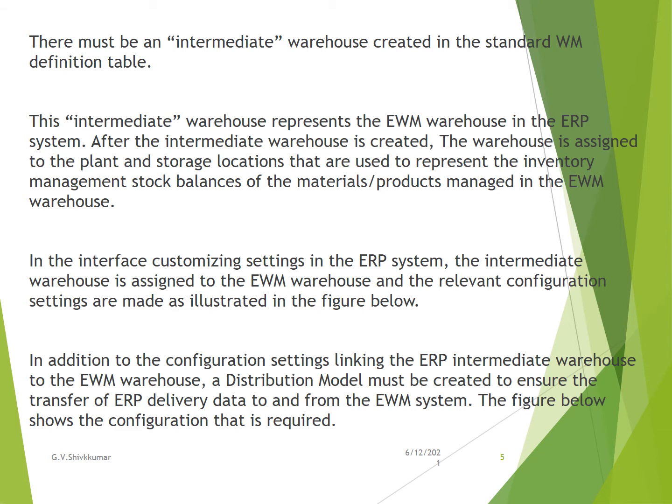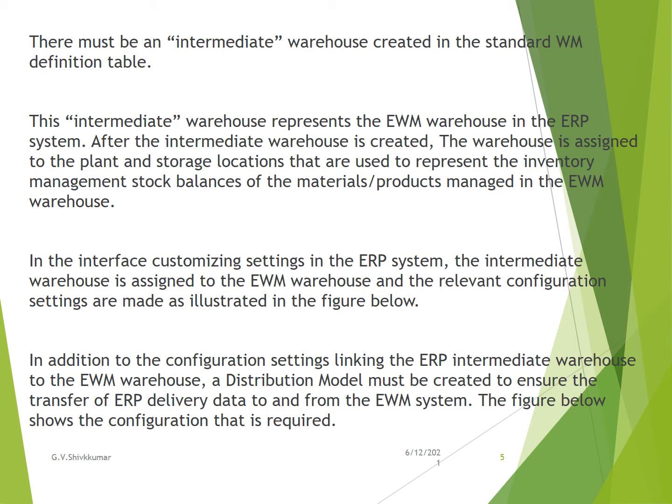There must be an intermediate warehouse created in the standard WM, defined in the table. This intermediate warehouse represents the EWM warehouse in the ERP system. After the intermediate warehouse is created, the warehouse is assigned to the plant and storage location that are used to represent the inventory management stock balances of the materials or products managed in the EWM warehouse.